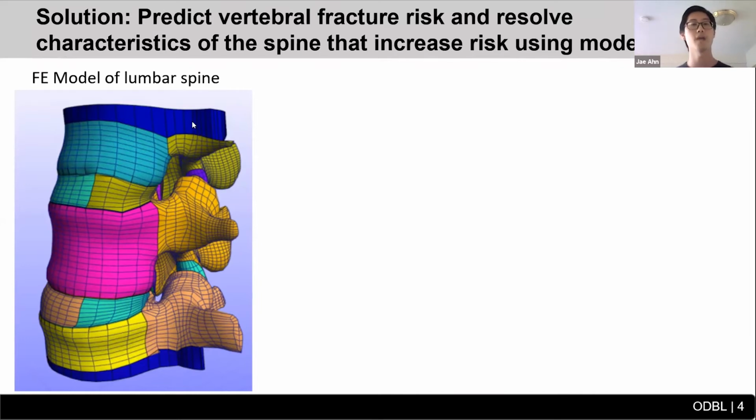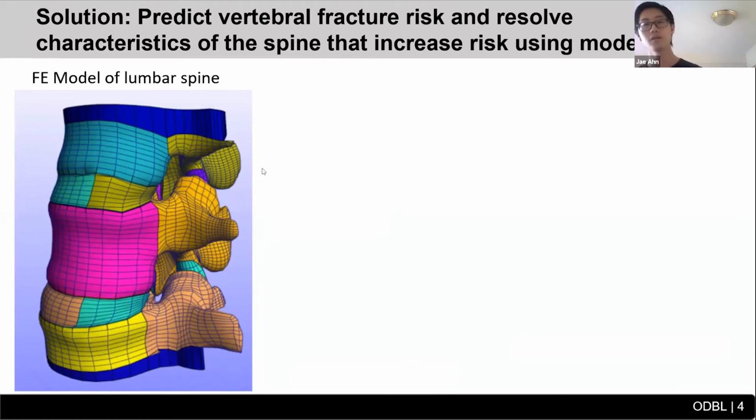You can see how I've taken the whole spine segment and broken it down into little brick-like blocks, and I can change values and material properties for each of these little pieces and run a simulation on them.